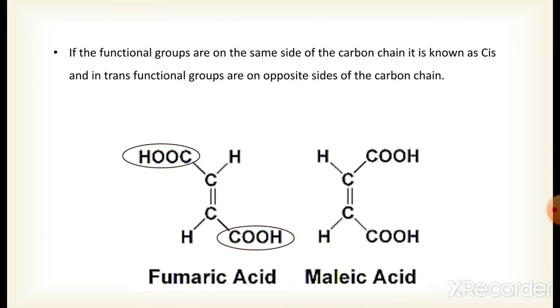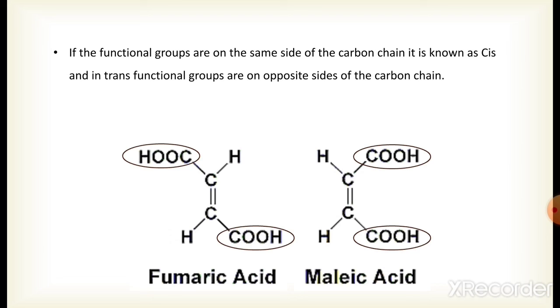And this one is the cis isomer of fumaric acid, which is the malic acid, and look in this figure, both the functional groups are present on the same side of the carbon skeleton. So both these are not mirror images, but they are geometrical isomers.